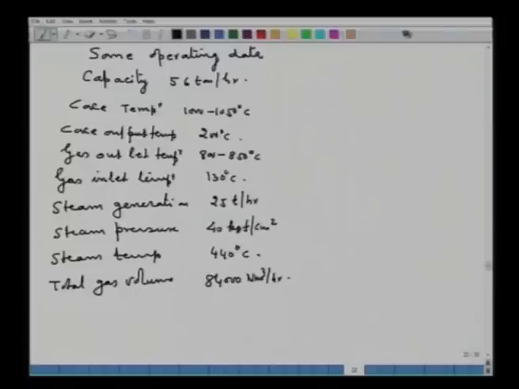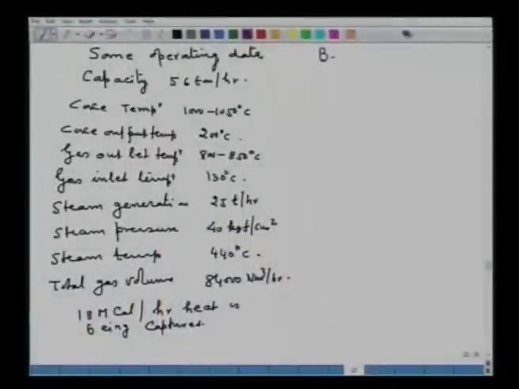When you charge coke at 1050 and discharge it at 200 degrees Celsius, considering 56 tons per hour, the heat in question is around 80 megacalorie per hour, which is being captured in this particular example. You can imagine a very large amount of heat is being captured and used.